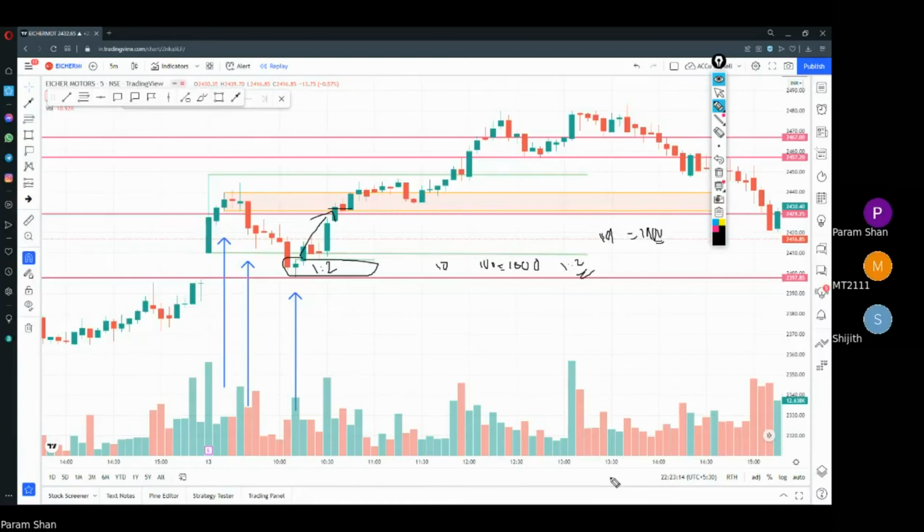The same thing we can check in options buying also. Options are basically derived from futures, and futures are basically derived from equities. So can I do the same thing for options?